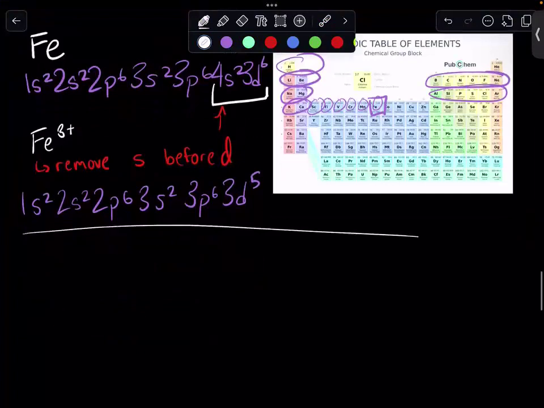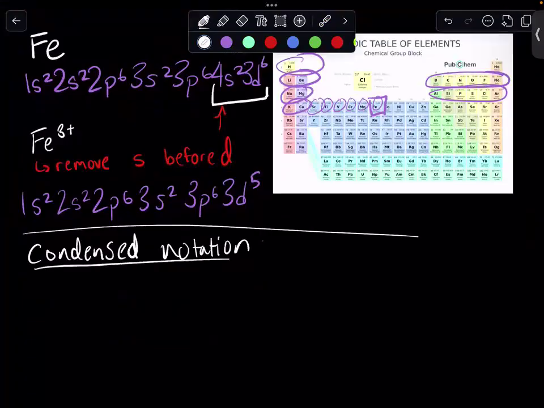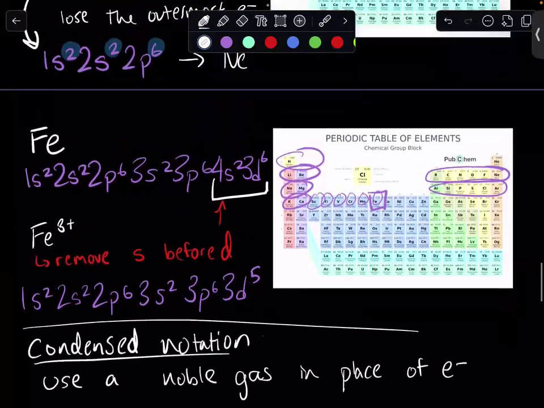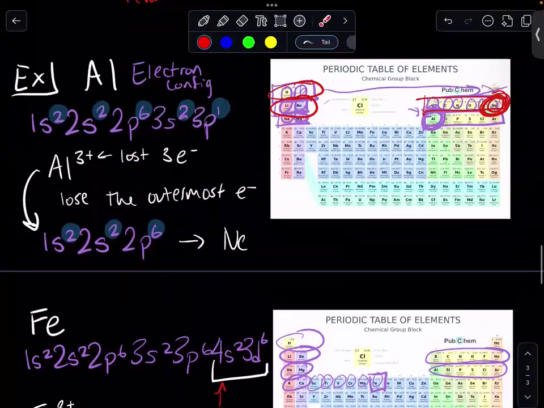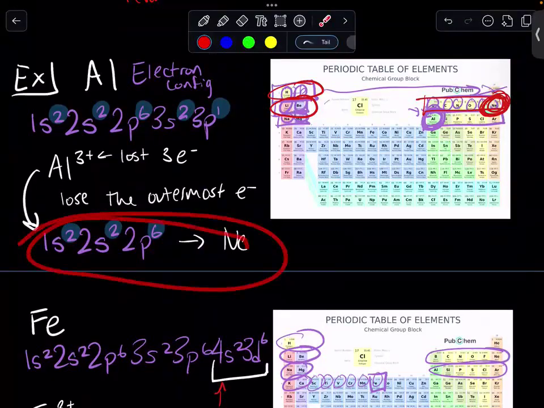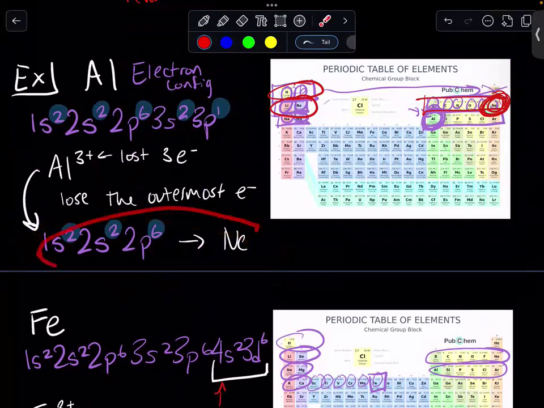And now to never use that form again, because I'm going to teach you condensed notation. It's far easier. Condensed notation basically says that we can use a noble gas in place of electrons. Now, what I mean is I made the connection earlier that neon is 1s2, 2s2, 2p6.